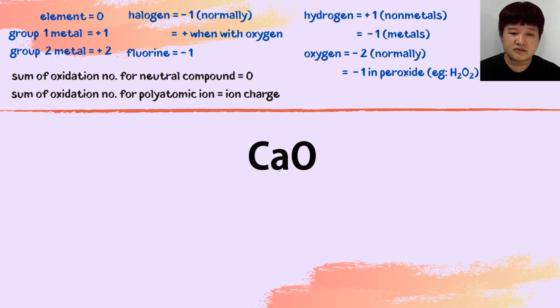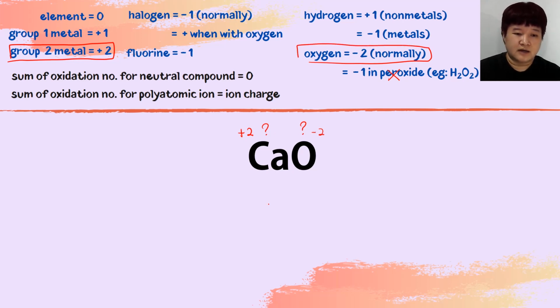Next, calcium oxide. So again, how much would the calcium be and how much would the oxygen be? If you look at here, calcium again is your group 2 metal. Therefore, your calcium should be +2. Your oxygen over here is not in peroxide. Therefore, your oxygen is -2.